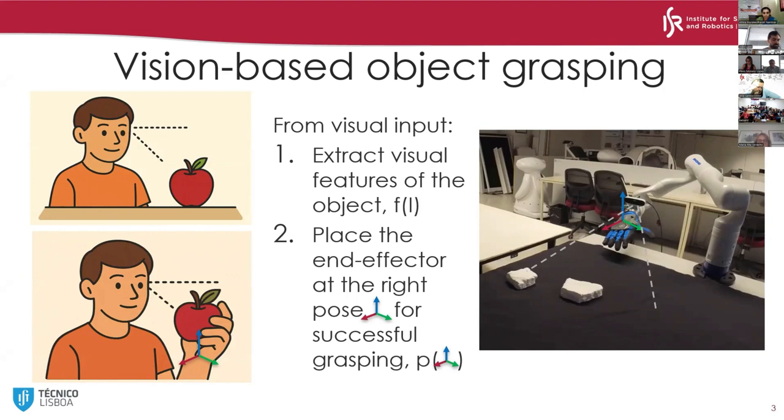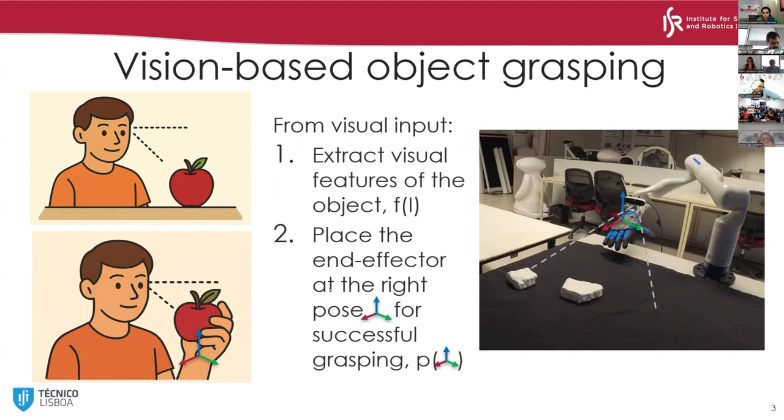In this process, what we are trying to define is this reference frame that is here on the hand. So we are trying to decide where to put that reference frame, so what is the position and orientation of the hand that we should actually define to have a successful grasp.